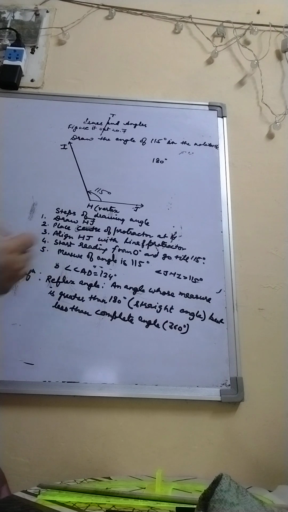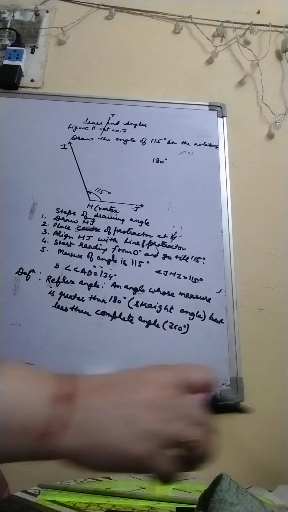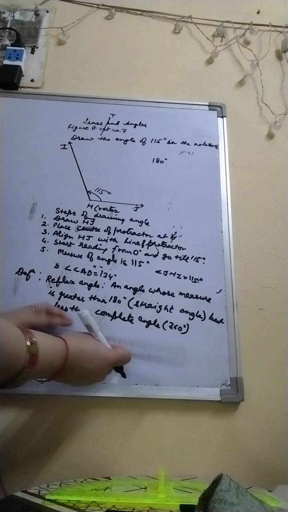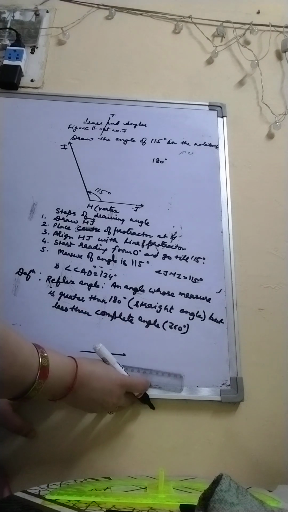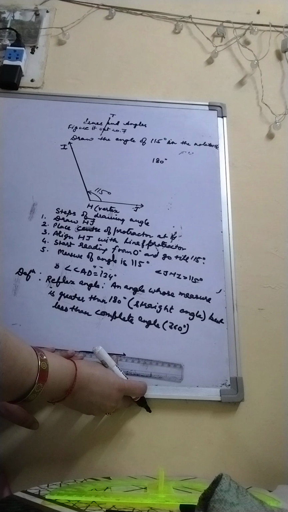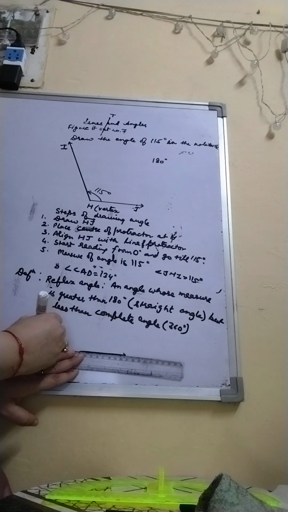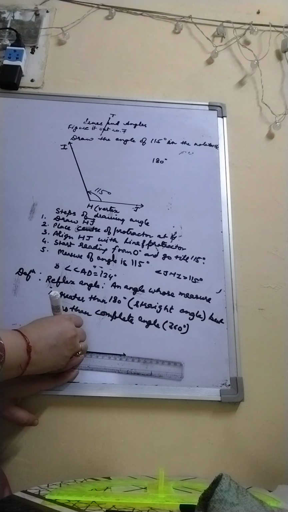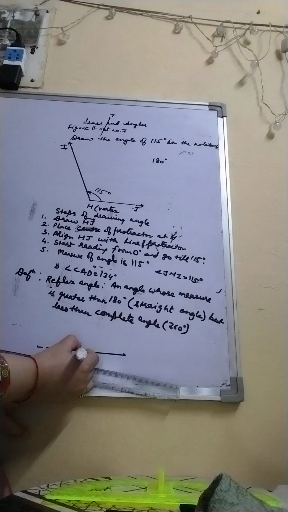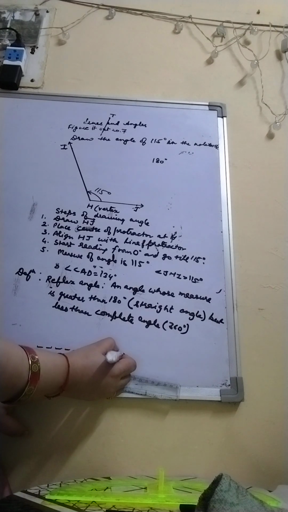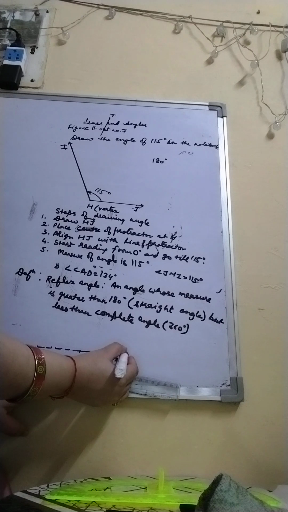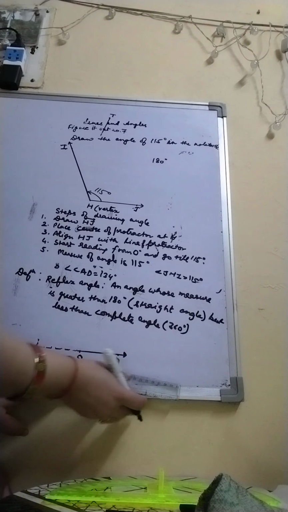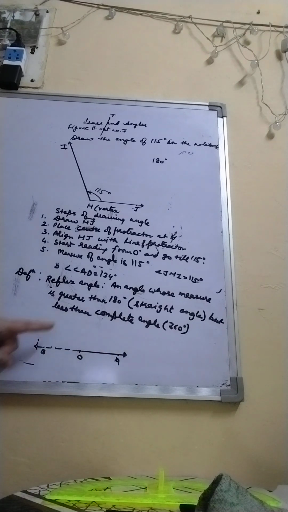This is a very important angle. And how do we show a reflex angle? Suppose I make a ray. It is greater than 180 degree. So first let's draw 180 degree. Say this is the point O, A, and this is B. So this is a 180 degree angle, but the angle is greater than 180.